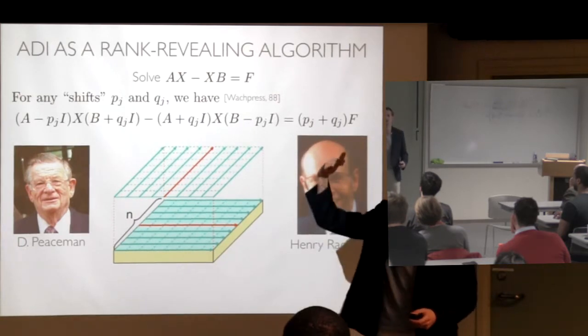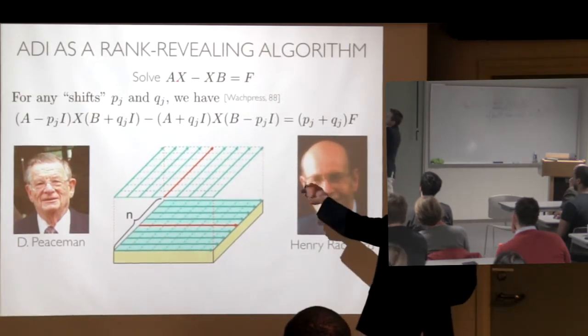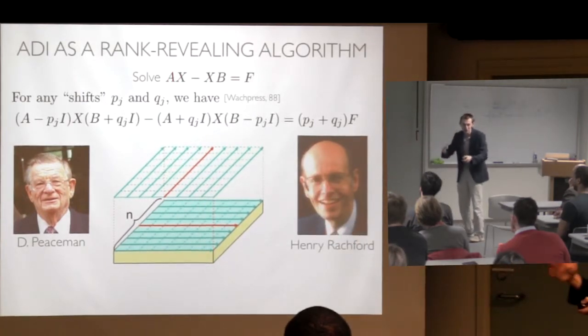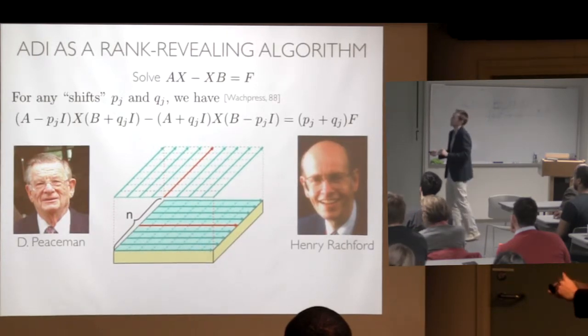They alternate the directions of sweeping information in X: fix this term, use that term to update the rows, then fix the other term and update the columns. They did this iteratively to get the solution of the Sylvester matrix equation.